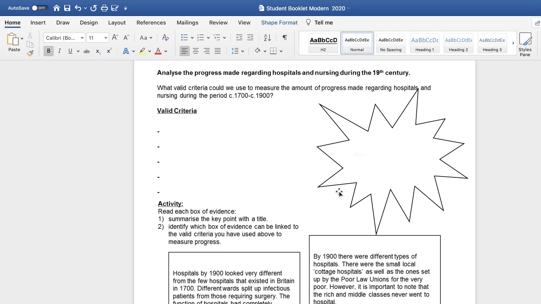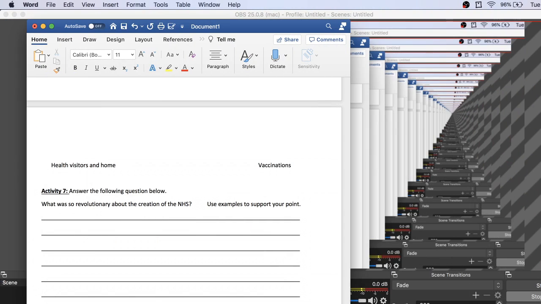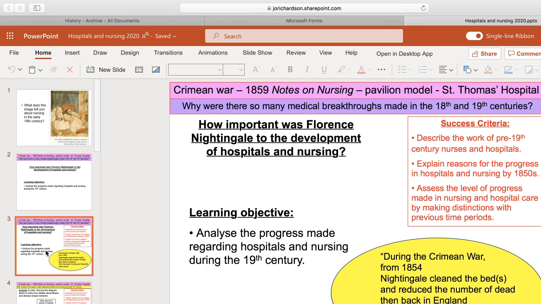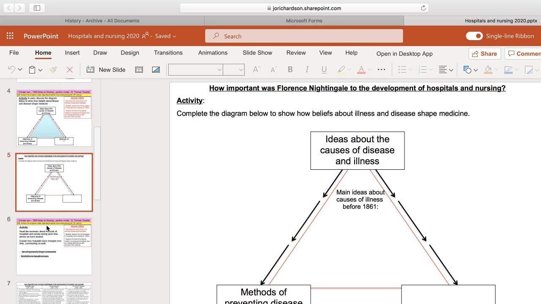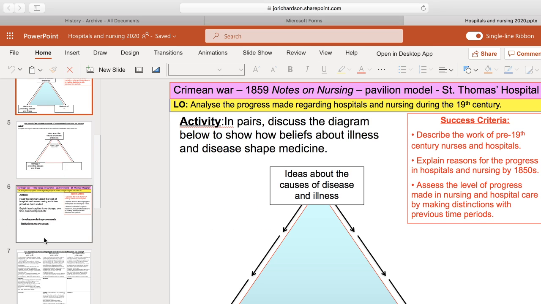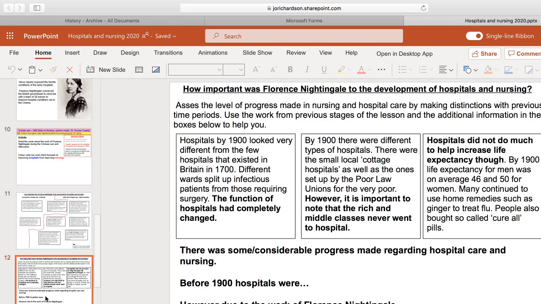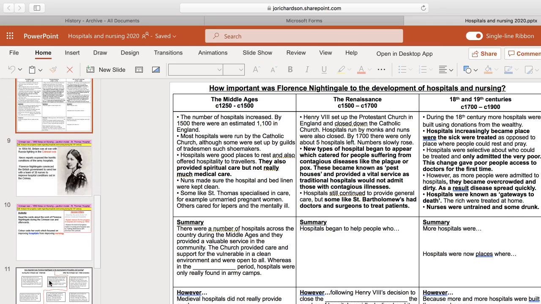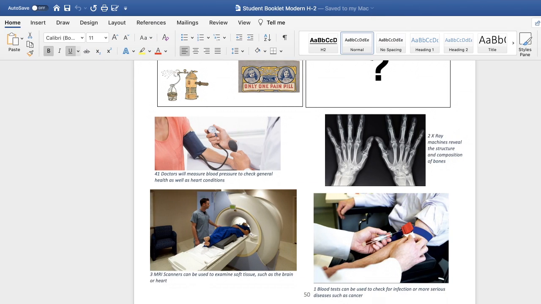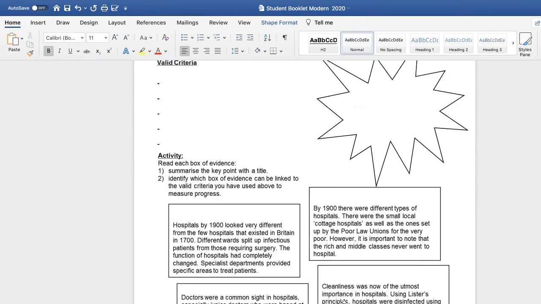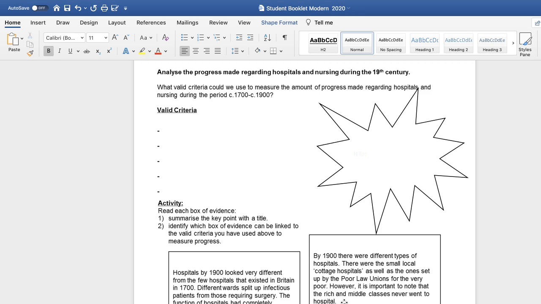And then I want you to think about the progress made regarding hospitals and nursing during the 19th century.